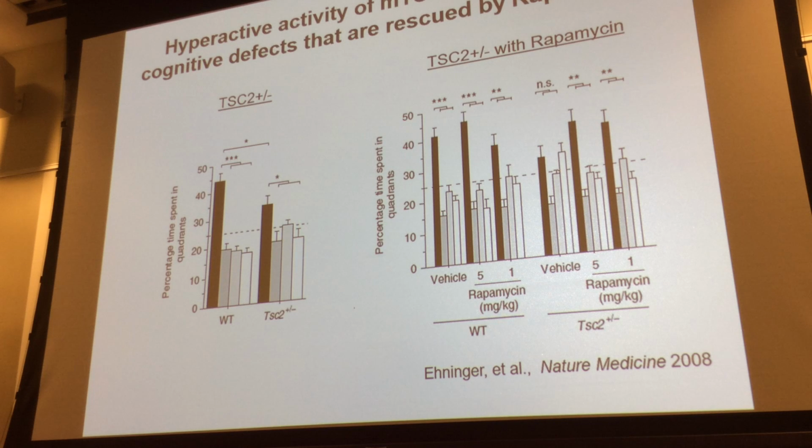If you knock down TSC2, as I just said, the mTOR signal is going to be up, because TSC2 is a negative regulator, even if it's only knocked down. Now, I showed this data because I want to highlight this concept. It probably took me about 10 years to learn.